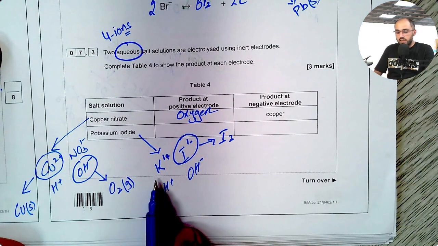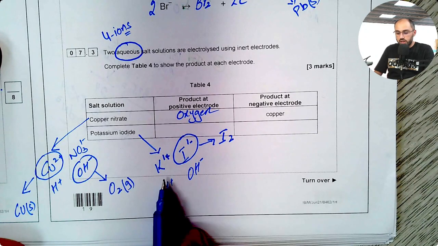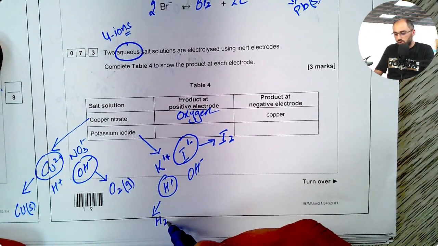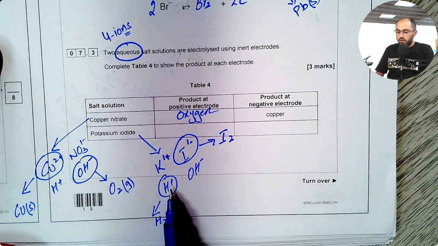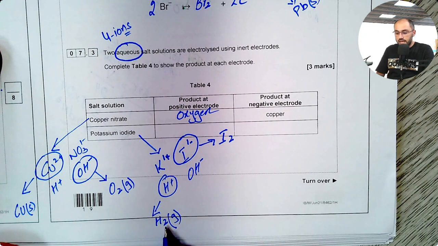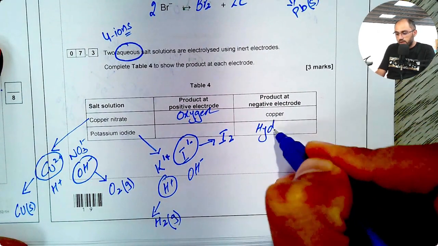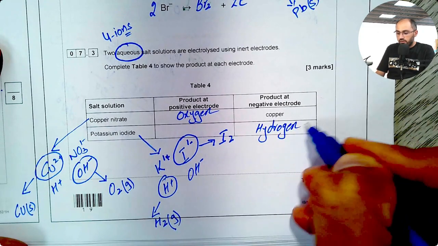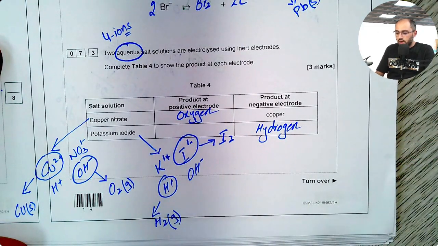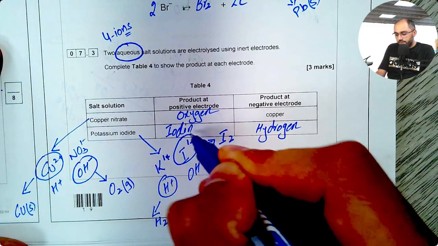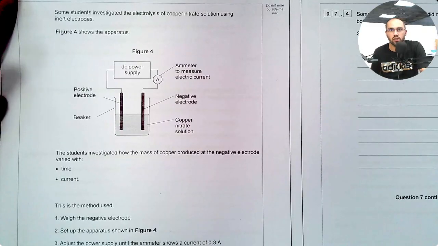On reactivity series, hydrogen is below potassium, so this will change into H2 gas. Now H plus is positively charged, so this is the product on the negative electrode, so I can say here it will be hydrogen, whereas on the positive electrode it will be iodine.